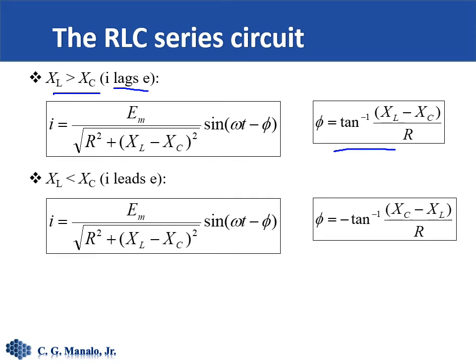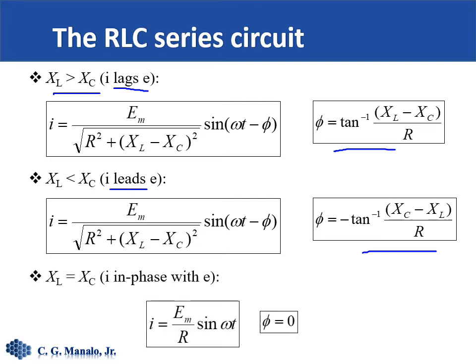The second scenario is when X sub L is less than X sub C, so I there will lead E by this much. And when X sub L is less than X sub C, the circuit is said to be capacitive in nature and behaves like a series RC.